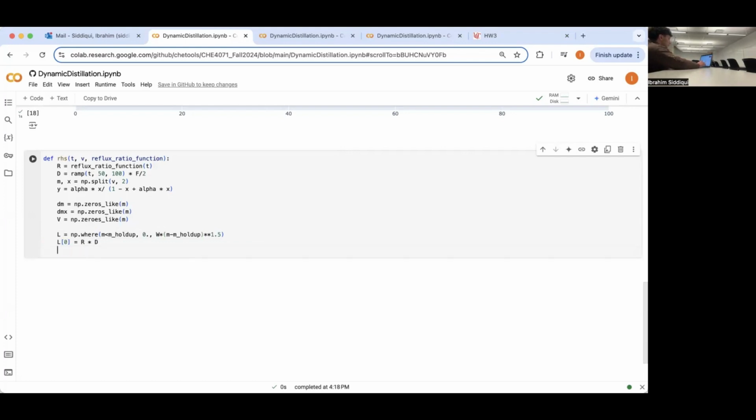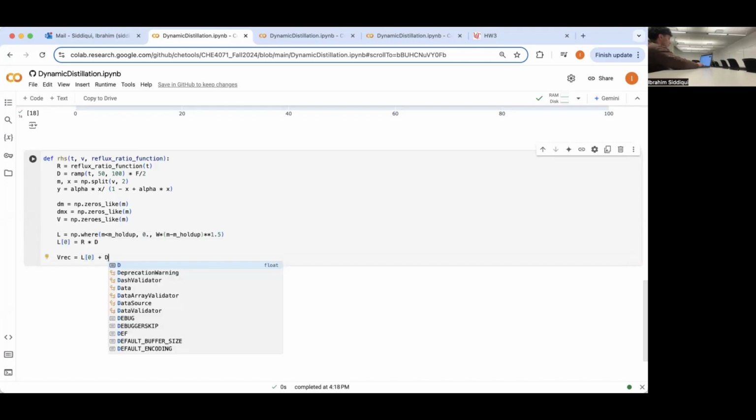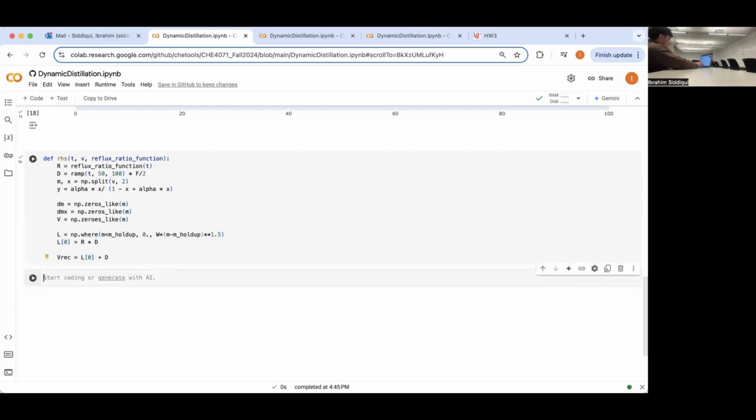Okay, the last thing we want to initialize here is our VREC, which is essentially the vapor in the rectifying section, and this is going to be equal to what we just introduced up here, our L naught, pulling out that first value, added to our D that we defined up above. Let's go Control Shift Enter that.